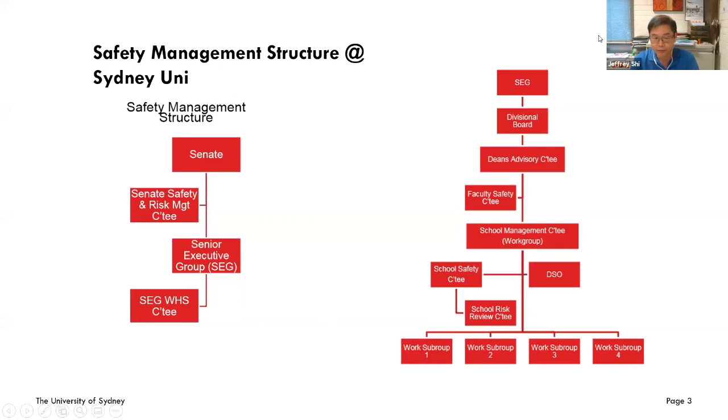Typically the university is responsible for developing various work health safety policy, and the school and faculty are responsible for implementation and action. I'm second on the school level, in the school safety committee as department safety officer, so we are responsible for day-to-day operation in the individual schools, research laboratories and teaching laboratories.